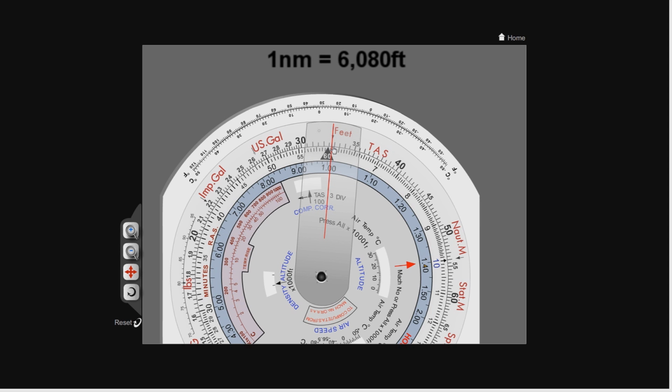It actually turns out that there are 6,080 feet in a nautical mile, according to ICAO, the International Civil Aviation Organization. It's not completely exact, it's about 6,076, but 6,080 is more than accurate enough.